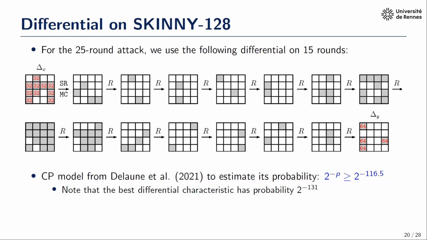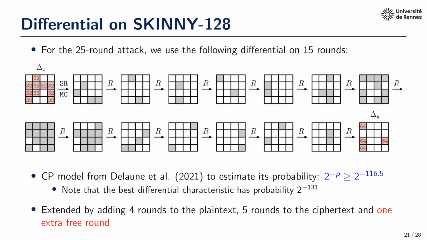We obtained that the probability of this differential is higher than 2^-160.5. So that's the starting point of our attack. Then we extend this distinguisher by adding 4 rounds to the plaintext, 5 to the ciphertext, and 1 extra.